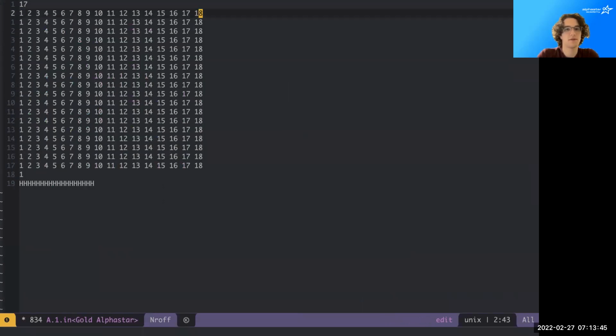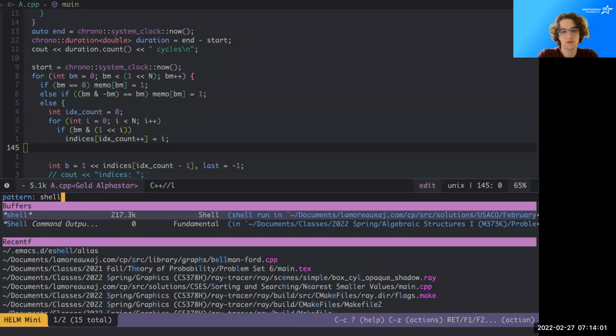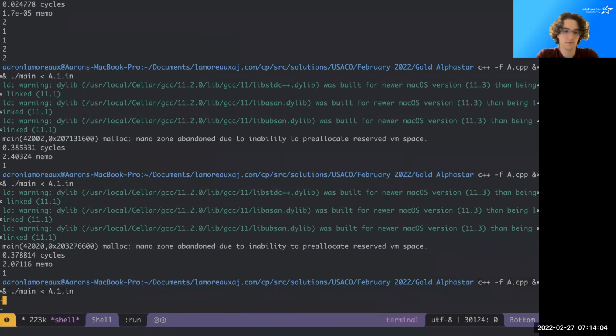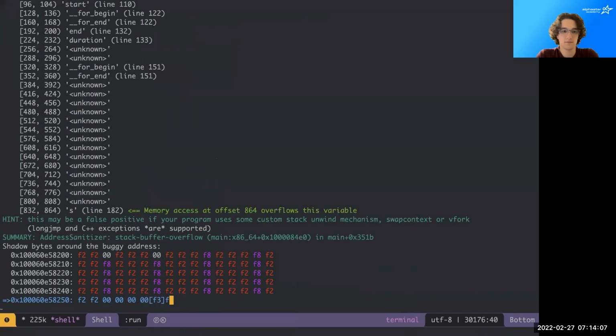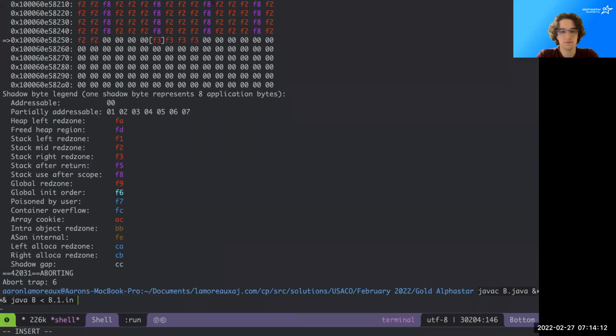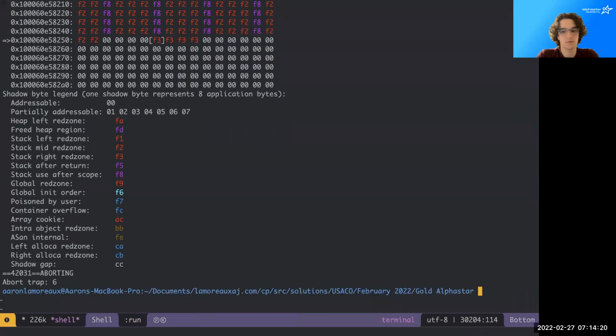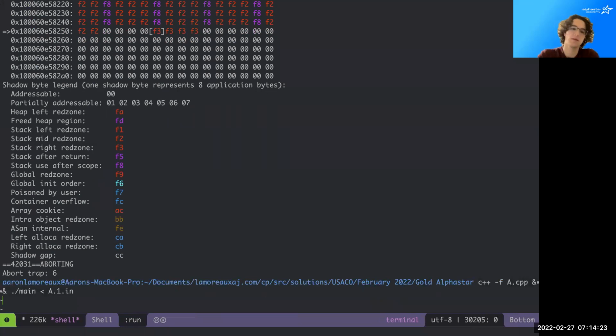What is the runtime if it's n equals 17? Let's see what that would be here.